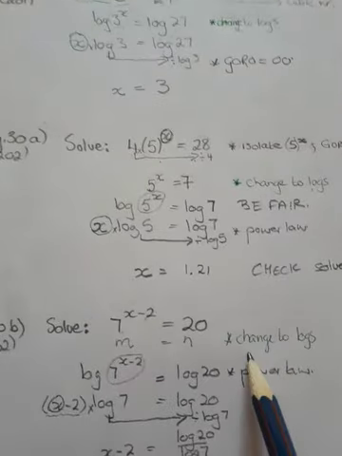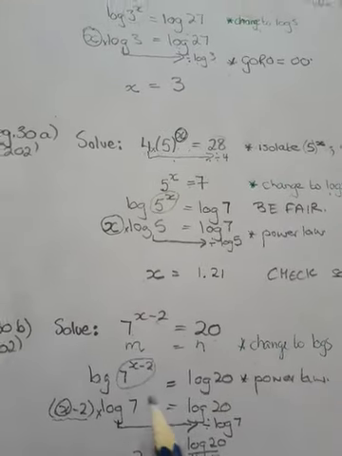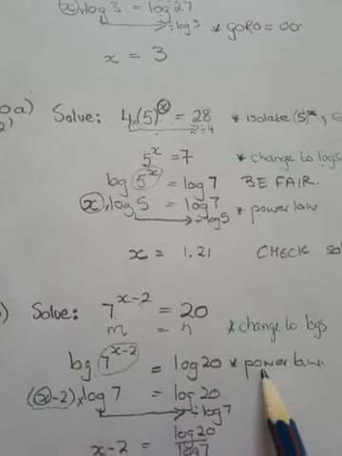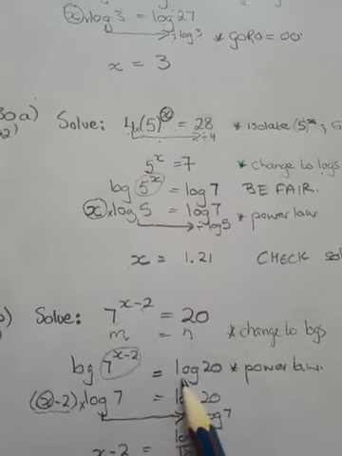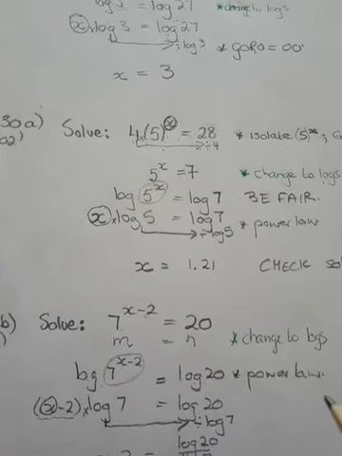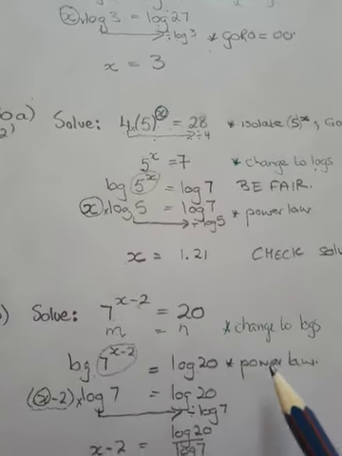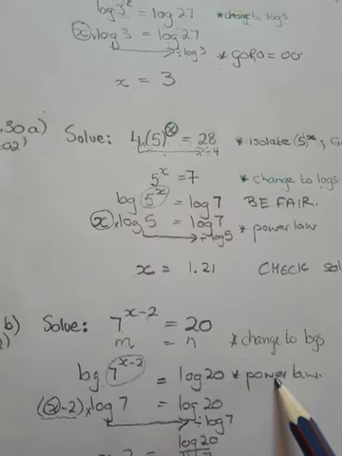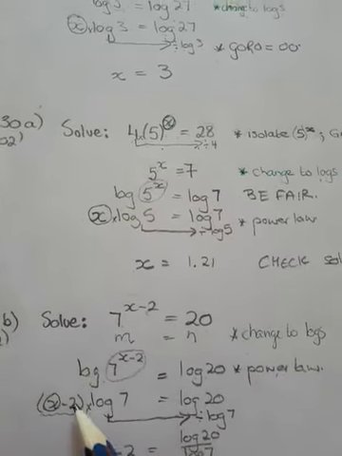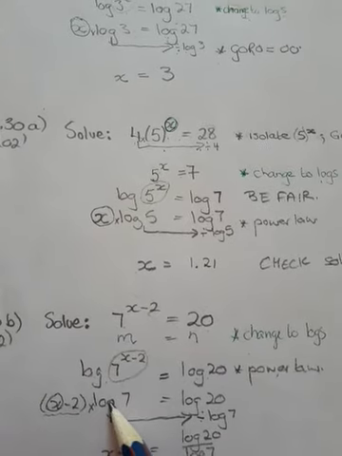So that is changed to logs. You then put the log in front and the log in front. Remember, you must be fair, so if you do the log on the left, you must also do the log on the right. And then we check which laws apply. So in this case, again, it's the power law, which becomes the power times the log.